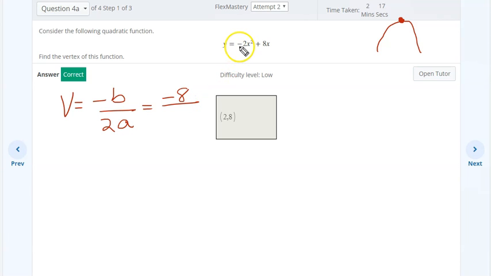A is -2. -2 times 2 is -4. Negative divided by a negative is positive. 8 divided by 4 is 2. So the x-coordinate of the vertex is 2, which is also your axis of symmetry.